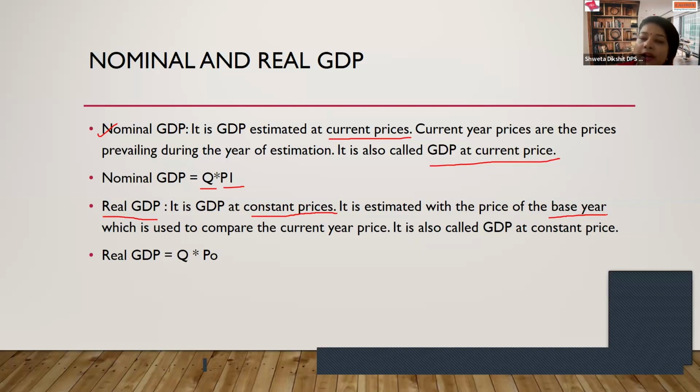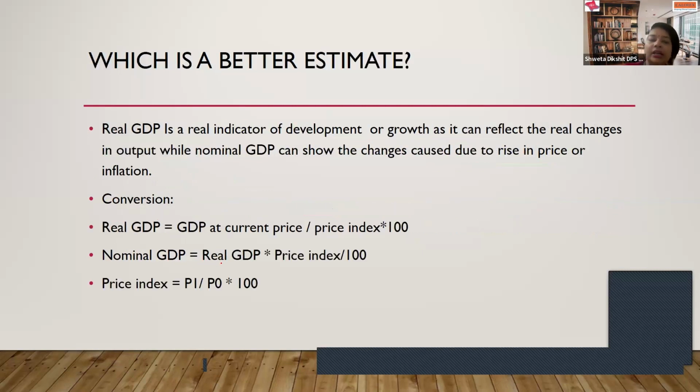Generally, the government of India fixes a base year which is very much constant, which does not have any flexibility. So that particular base year is taken into consideration for the price estimation of the GDP, and such estimation is known as real GDP. So here we multiply the quantity with the base year price. Q into P0. P0 is the base year price, and this is what is known as the real GDP.